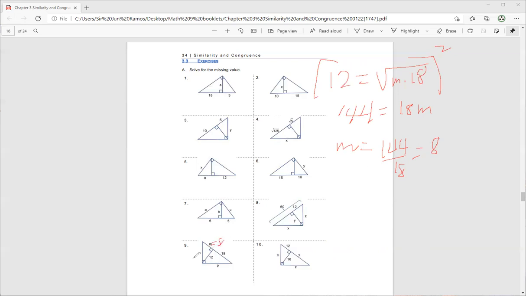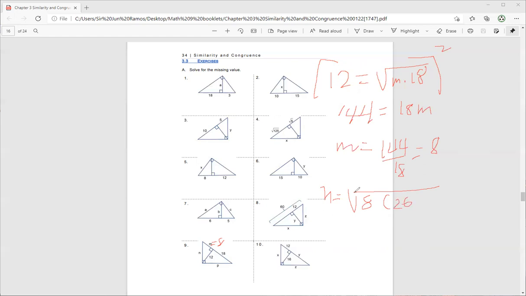If we know m already, we can get n. So what is n now? That will be the square root of the length of the segment nearer it, which is 8, times the hypotenuse, which is 8 plus 18 is 26.